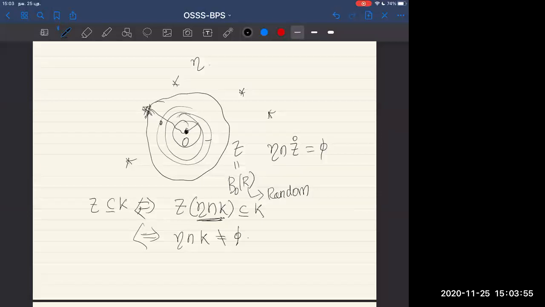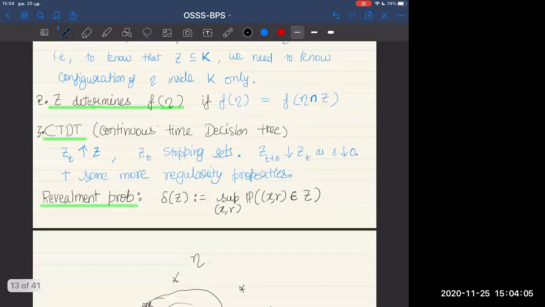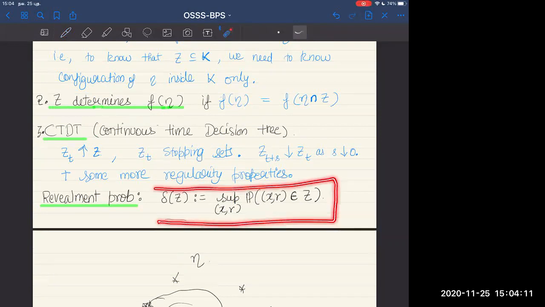The first point closest to the origin, the ball such that the boundary has the first point closest to the origin. Now I will only have this revealment probability to emphasize that delta of Z is the probability that a given point and radius is in Z, taken supremum over all possible x and r.